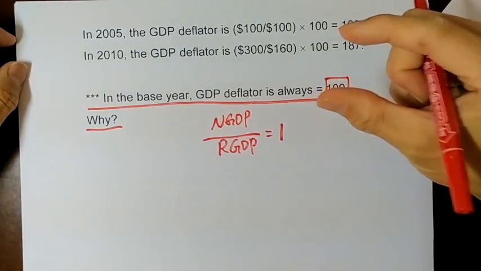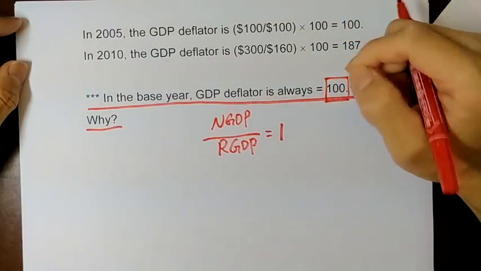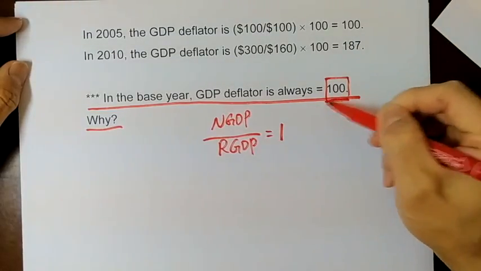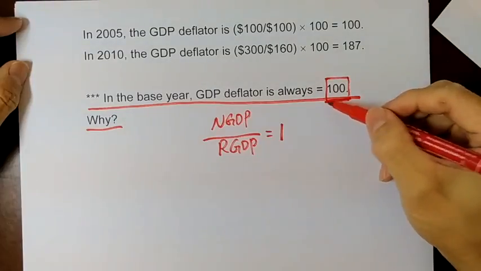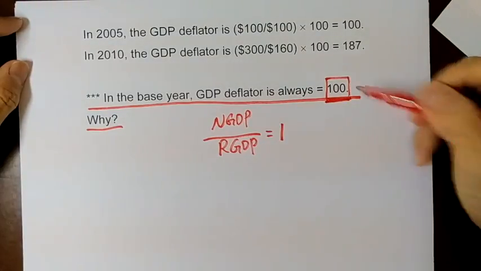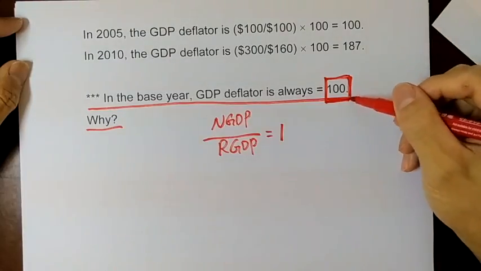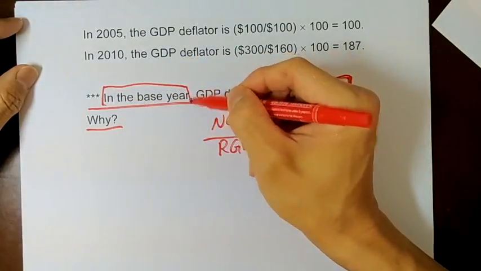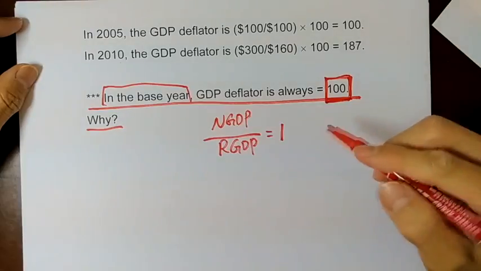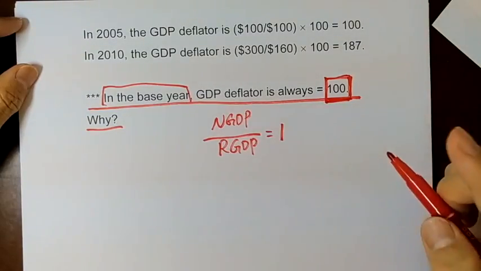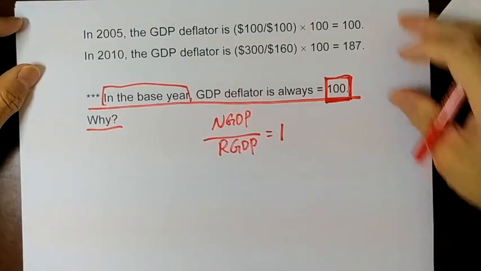So you have to define the unit. Therefore, for any index, you have to define a base value. So the base value of the GDP deflator is defined as 100. And it is defined in the base year. Remember, any index is equal to 100 in the base year by definition.